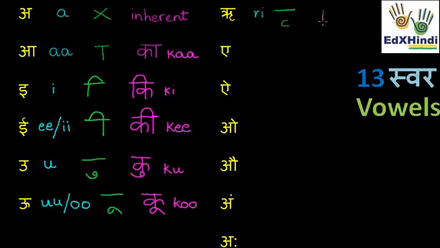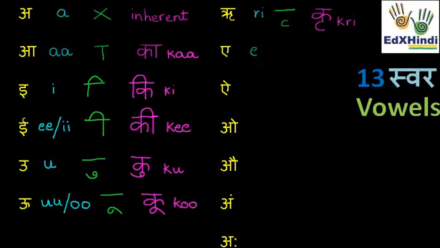This is our consonant K attached to the roof, and this is how you will put the matra like this, and it makes the sound Kri. This is also a subscript.